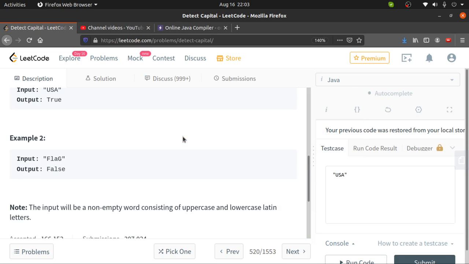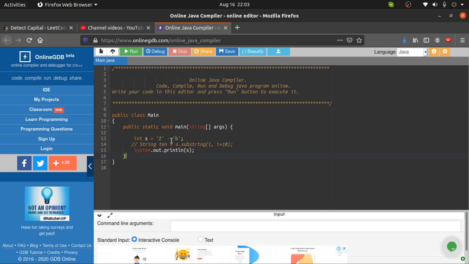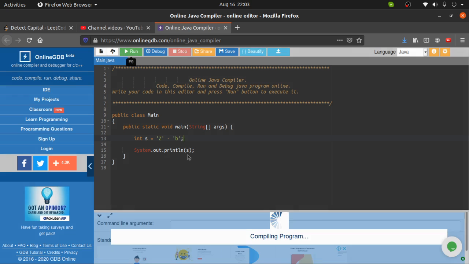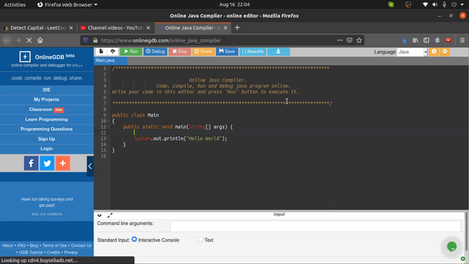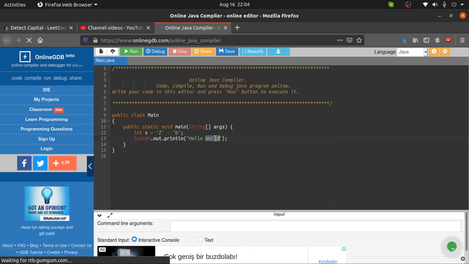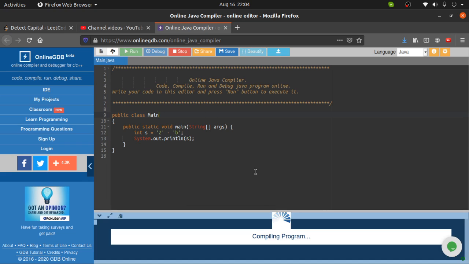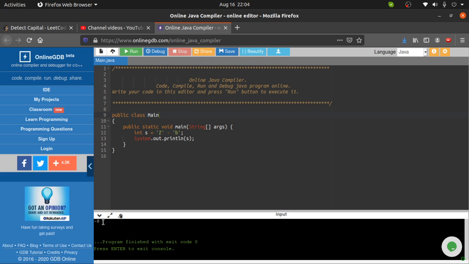And let's get on the compiler. For example, if I do simple things here, like Z minus B, you see, this is negative 8.